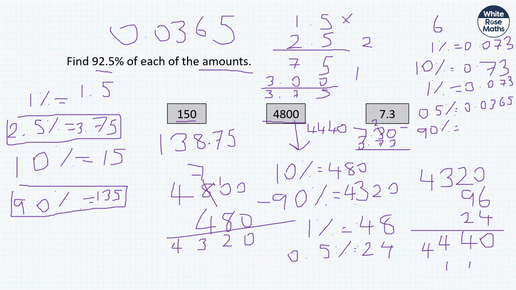That's going to go to 2, that's going to go to 10. 10 take away 3 is going to be 7. 2 take away 7 I can't do, so I need to borrow. That becomes a 6, that goes to a 12. 12 take away 7 goes to 5. And 6 take away 0, it should be a 0 there, is 6. It's going to be 6.57, so we're nearly there, guys. Apologies for taking so long here.